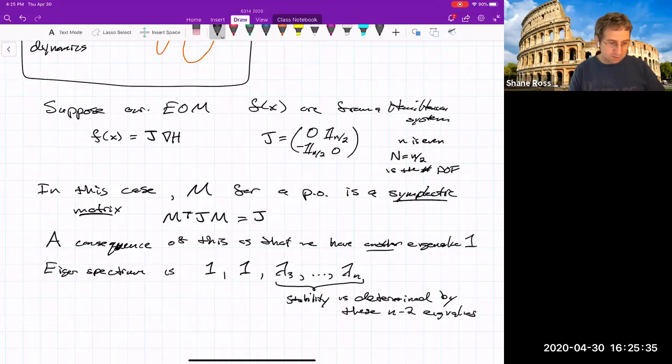And what is the physical interpretation for the eigendirections corresponding to these eigenvalues? Well, the first one is due to the same thing as before. This is for perturbations along the periodic orbit.